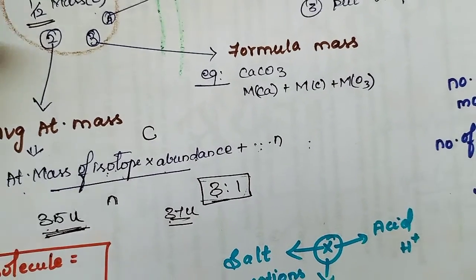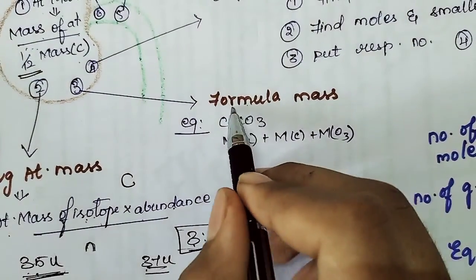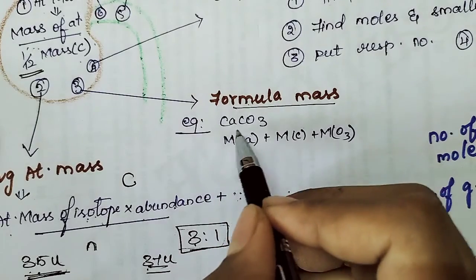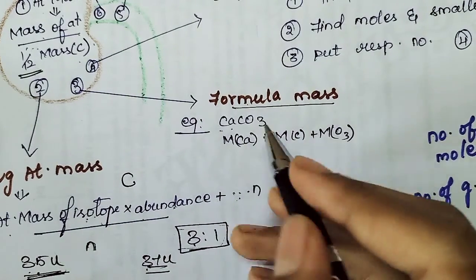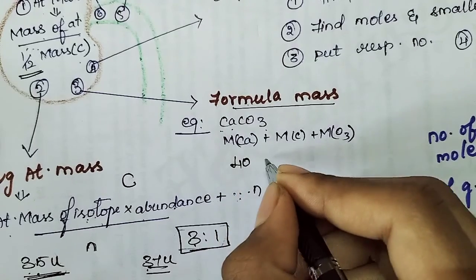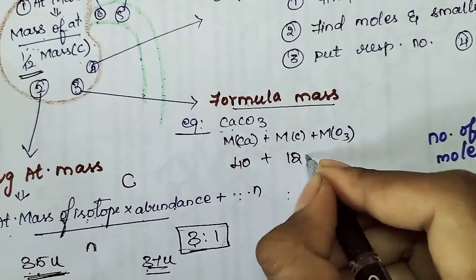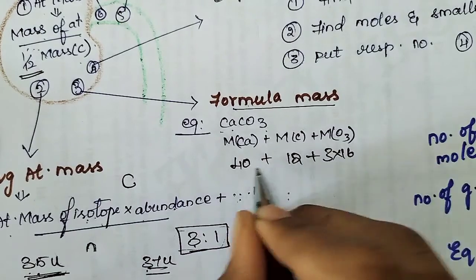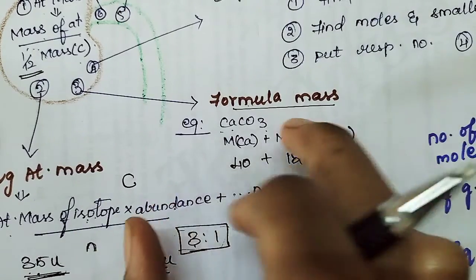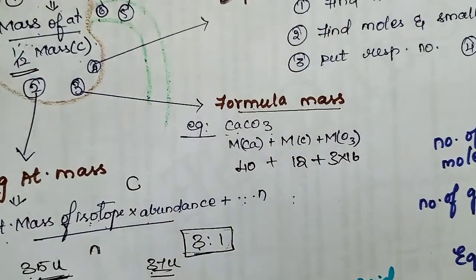Now the next formula is formula mass. How to calculate the formula mass? Simple. If you take calcium carbonate, for example, calcium 40, carbon 12, oxygen 16 into 3. If you add these, you will get the formula mass.